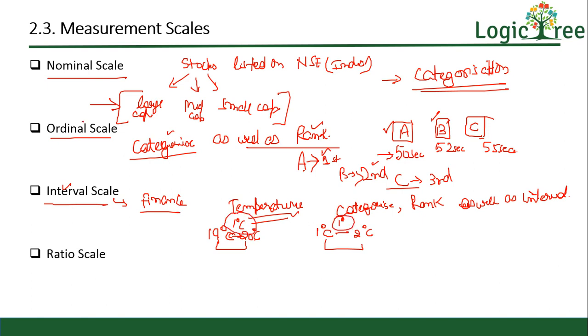While in the ordinal scale, if A is greater than B and B is greater than C, I can't say that the difference between the timings of A and B is similar to the difference between B and C. So in this case, in A and B, I have the difference of 2 seconds, while in case of B and C, I have the difference of 3 seconds. While on the other hand, in the interval scale, the difference between the two numbers is constant.